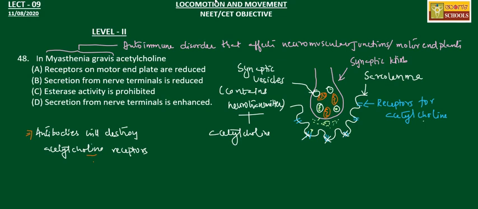We'll also see the other options. Secretion from nerve terminals is reduced? No. The esterase activity is prohibited? No. And secretion from nerve terminals is enhanced? This is also not an option.